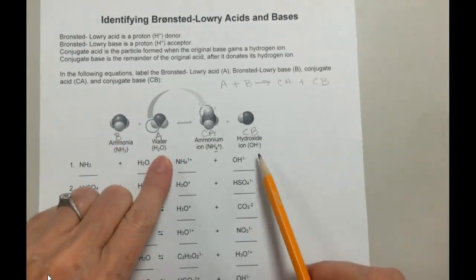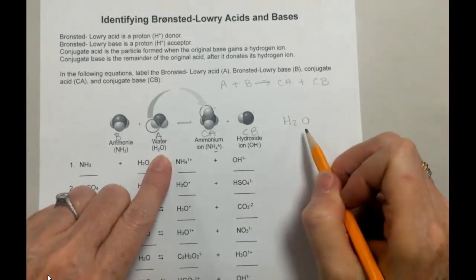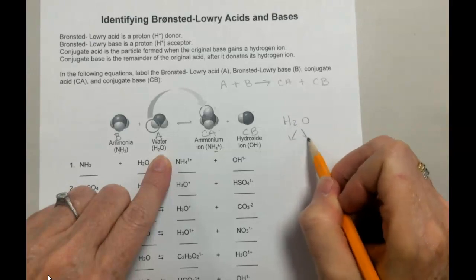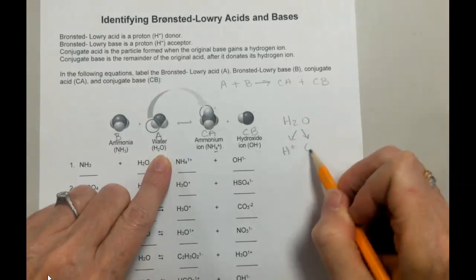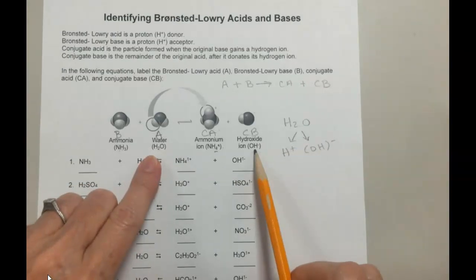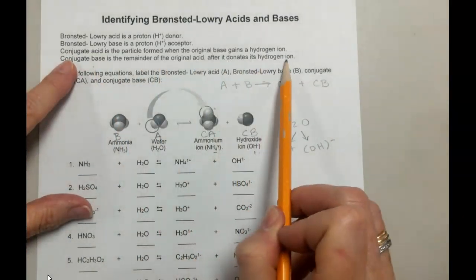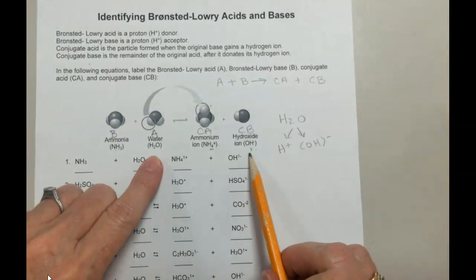Okay, so let's look at this water right here. You see that H2O? If water breaks up, it's going to break up into a hydrogen ion and this hydroxide ion. So this is what's left of the acid after it donates a hydrogen. Remainder of original acid after it donates a hydrogen ion. So that's what was left, and that's why he's the conjugate base.